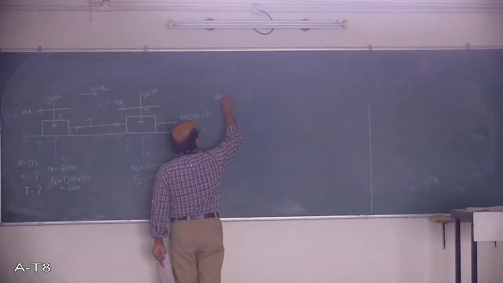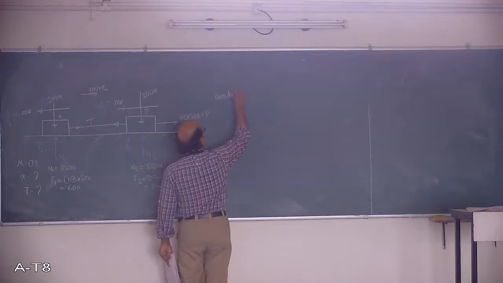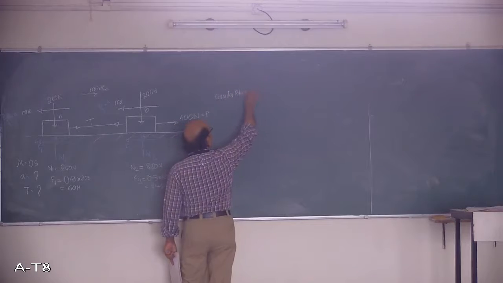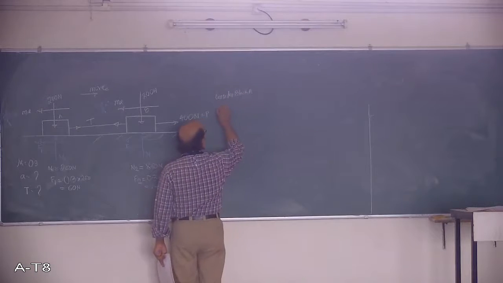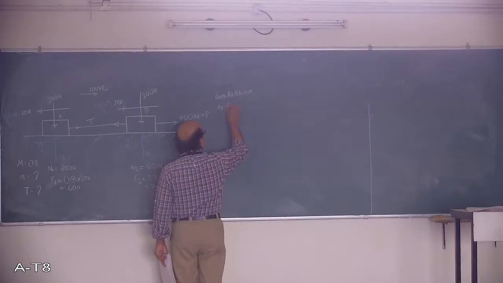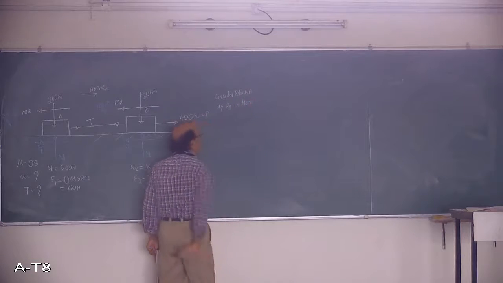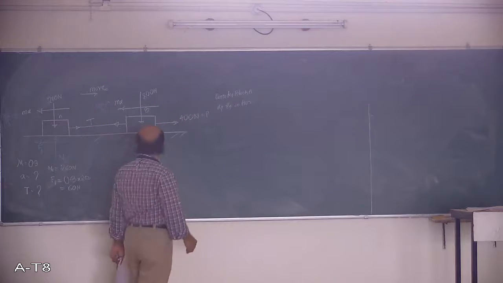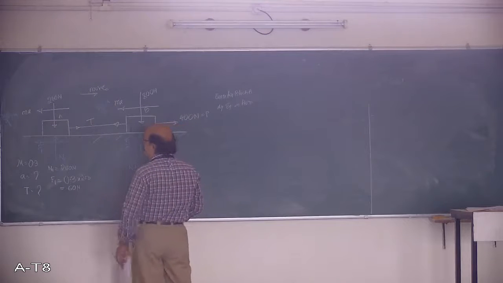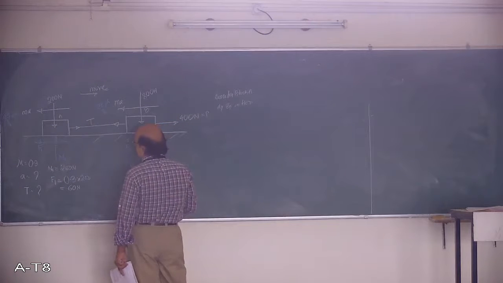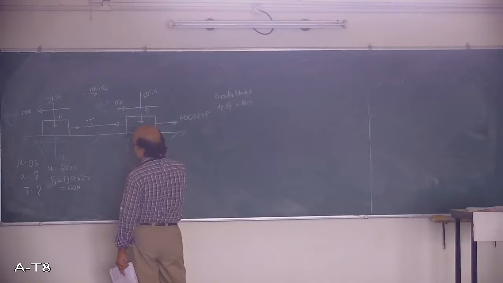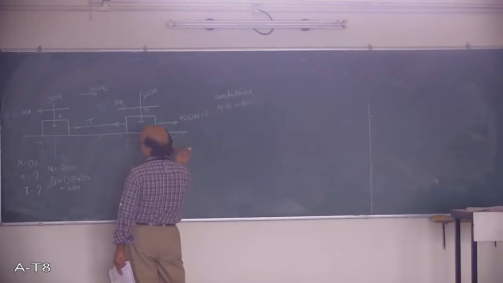Consider block A, dynamic equilibrium in horizontal direction. I have written it in short form, in horizontal direction. So for this one you apply dynamic equilibrium. MA is acting in this direction, F1 is acting in this direction, tension is acting in this direction.